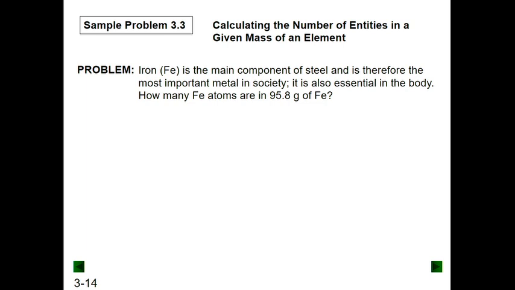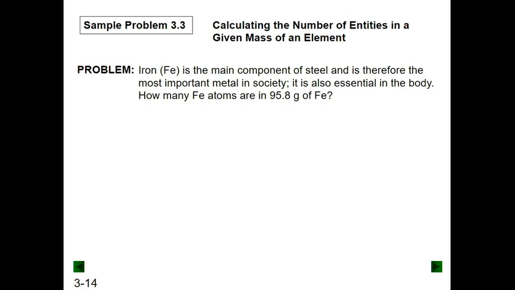So in this case, we start with what we have, 95.8 grams of iron. And we transform the grams into moles using the molar mass from the periodic table.